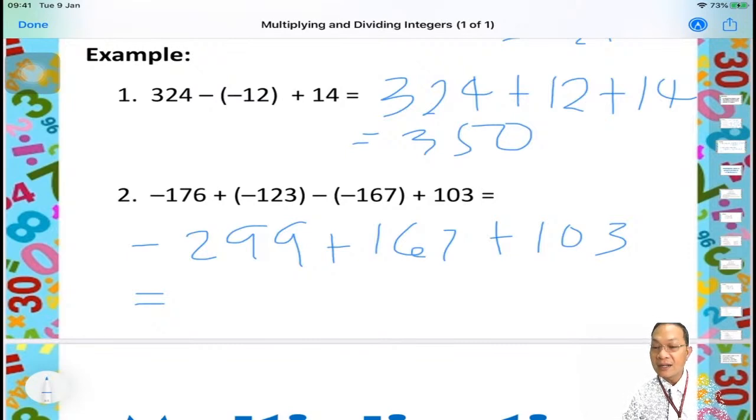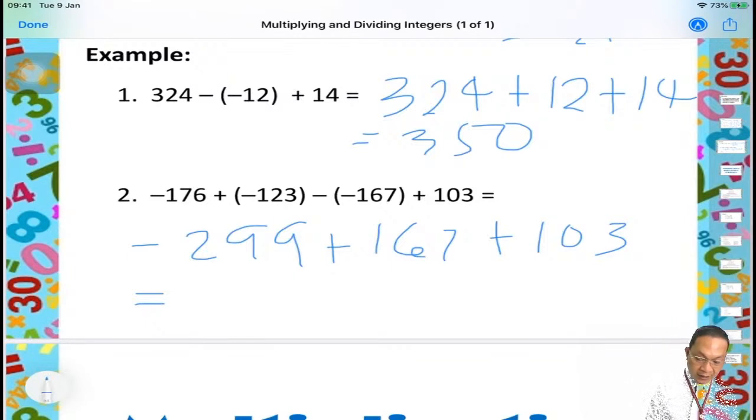May I see your answer for number 2? You answered 350 for number 1, and number 2 is, 29 or negative 29?